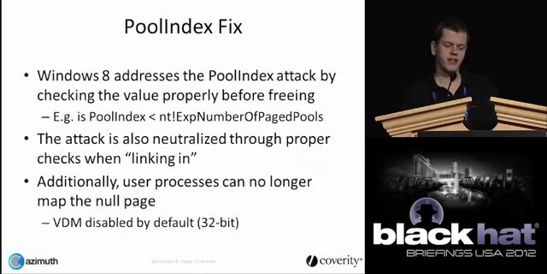So in Windows 8, they do a very simple fix. They just check the pool index against the number of pools that are defined. So if we're talking about a page pool, they check the number of page pools value. And not only this, but they also check when the chunk is being linked into the list.